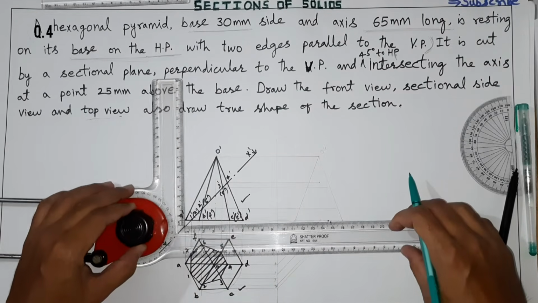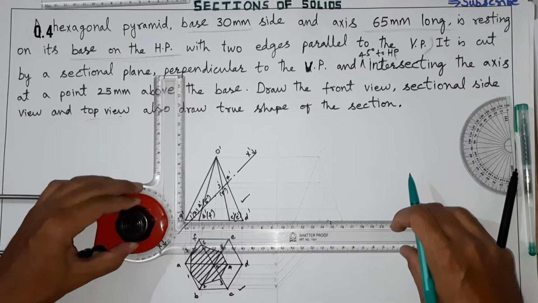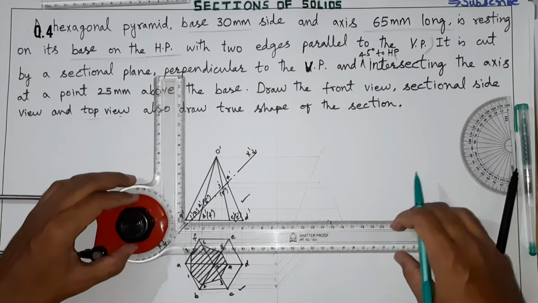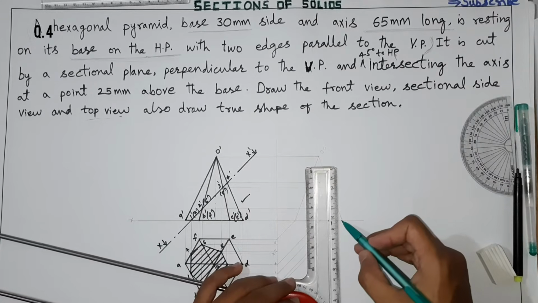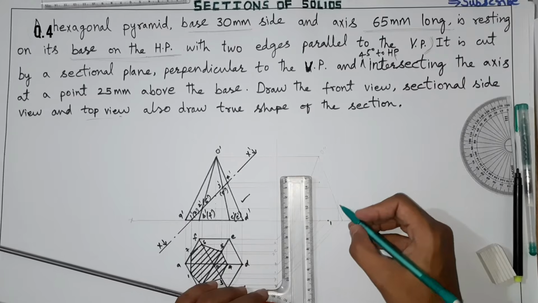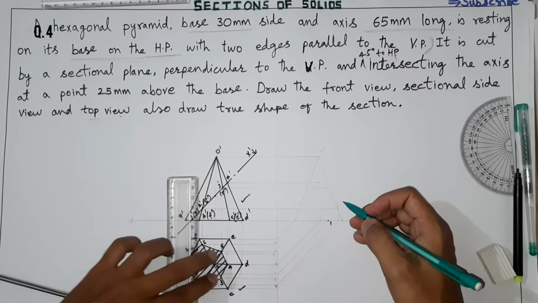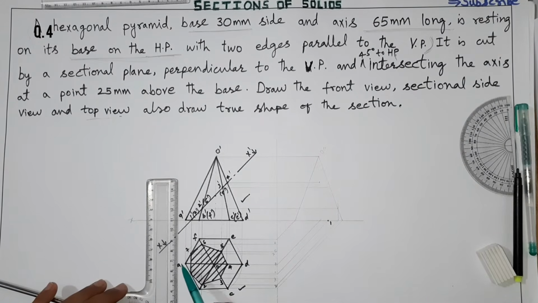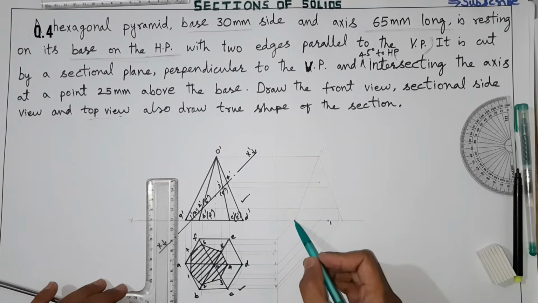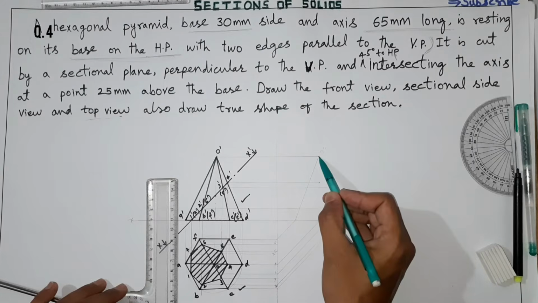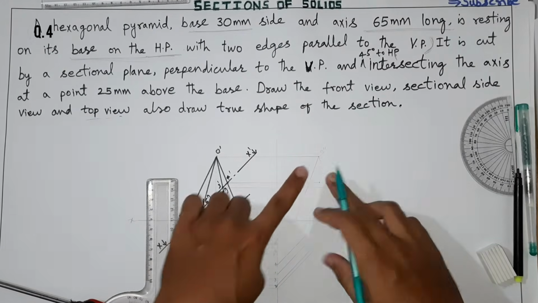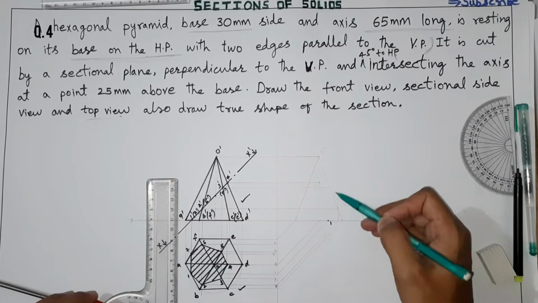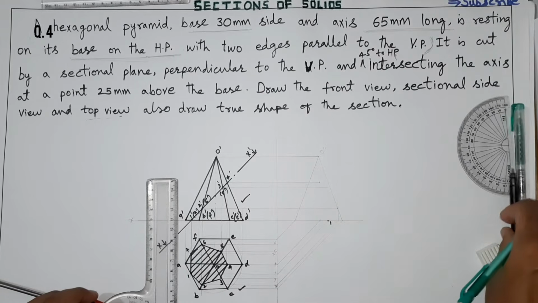So you have to project this vertically upward, or you have to join to the apex. Remember, for these section points, if you are projecting here and taking here, from here you have to project vertically up. If you are projecting the corners A B C D, these points here, then you have to join towards the apex. Those lines go inclined, and for section points, when it is coming here, this will go vertically up. So this is your point number 2.